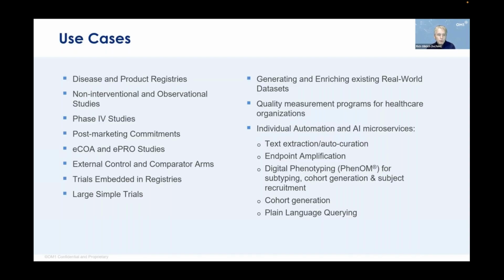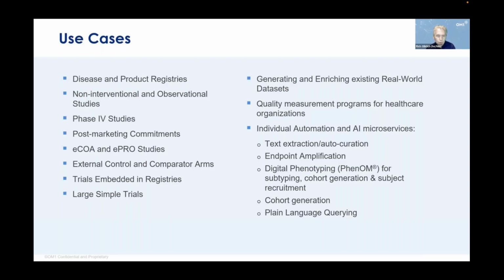It's also true for large simple trials or pragmatic trials, where the only difference between the control group and the test group or the experimental group might be the randomization, and all other data might be collected similarly. Also, this concept enables us to consider leveraging passive data collection in any clinical trial.